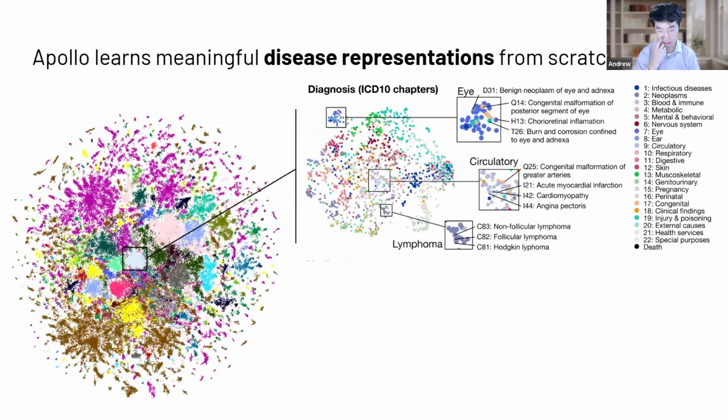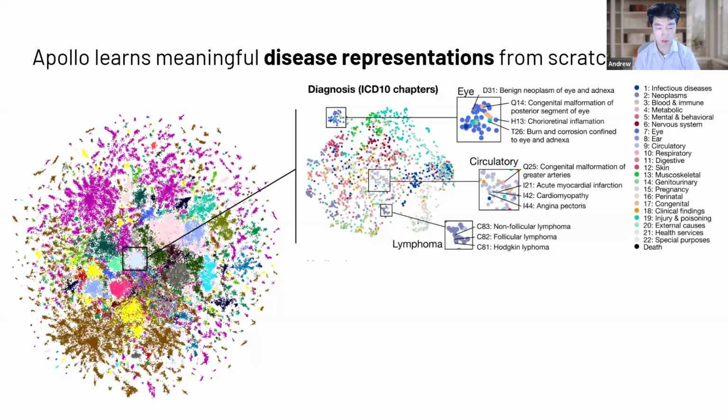If you zoom in, you can see that they align very well with what clinicians would consider to be related tokens. Here, if we zoom in on the diagnosis tokens, we see that diseases of the eye are clustered together, circulatory diseases are clustered together, and lymphomas are clustered together. But we're also not simply recapitulating the existing ontology. Here is the ICD-10 ontology.